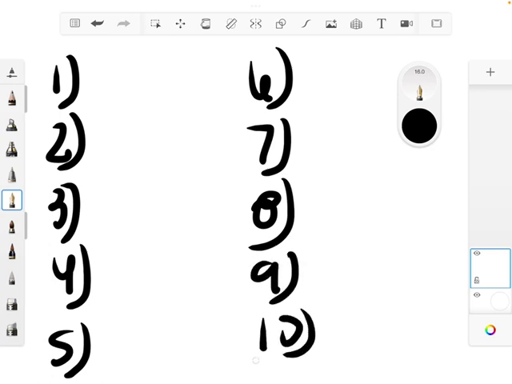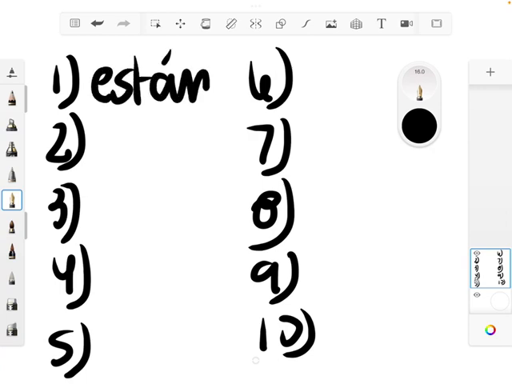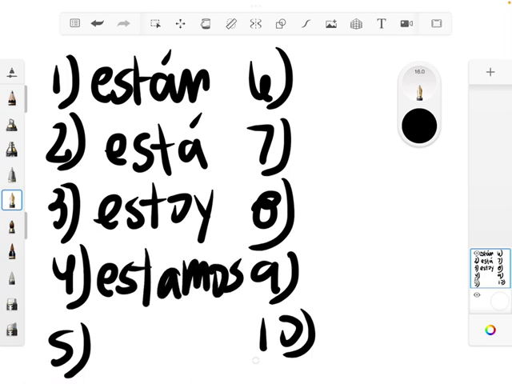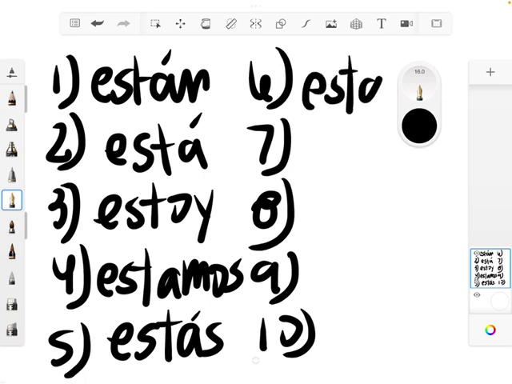Okay. Número 1. Ustedes están en la clase. José está delante de Rosa. Yo estoy muy bien, gracias. Nosotras estamos en la cafetería. Tú estás en el laboratorio. Elena está lejos de la librería.